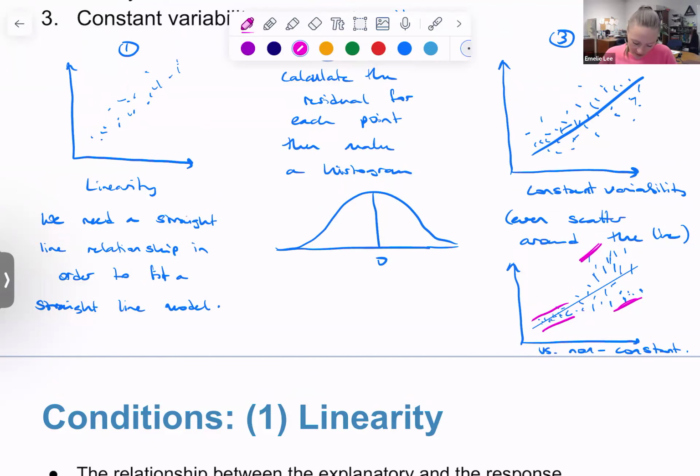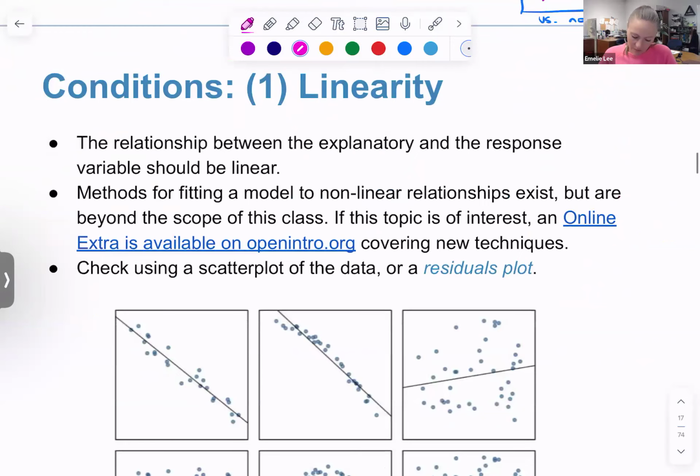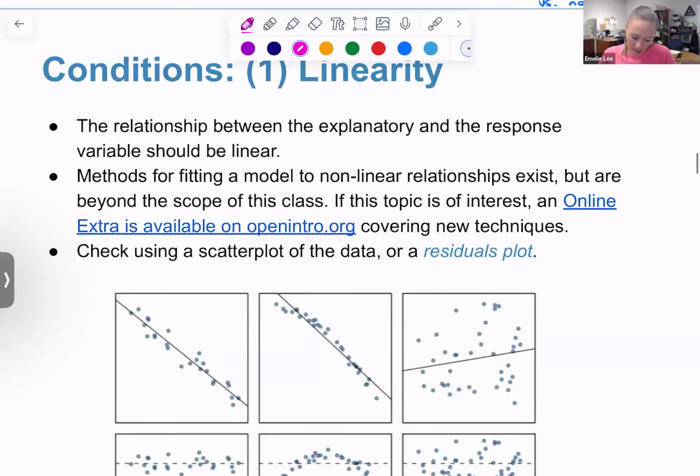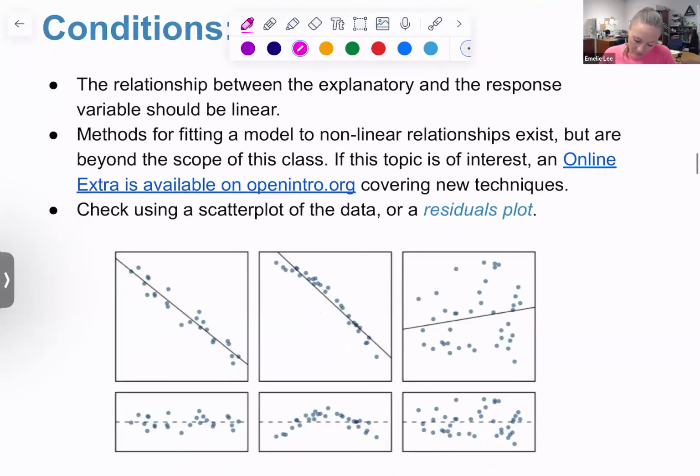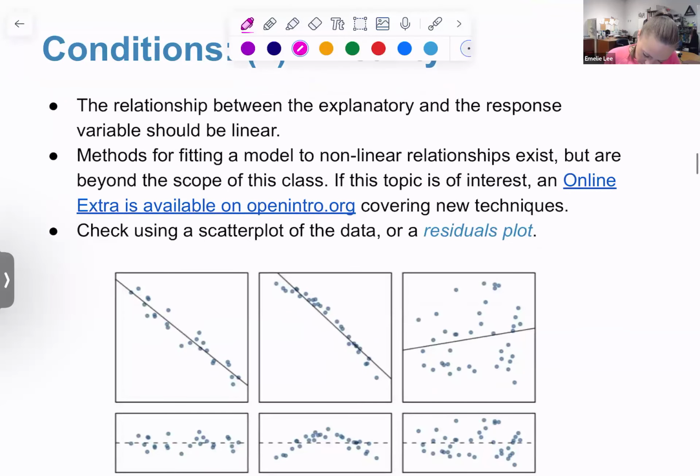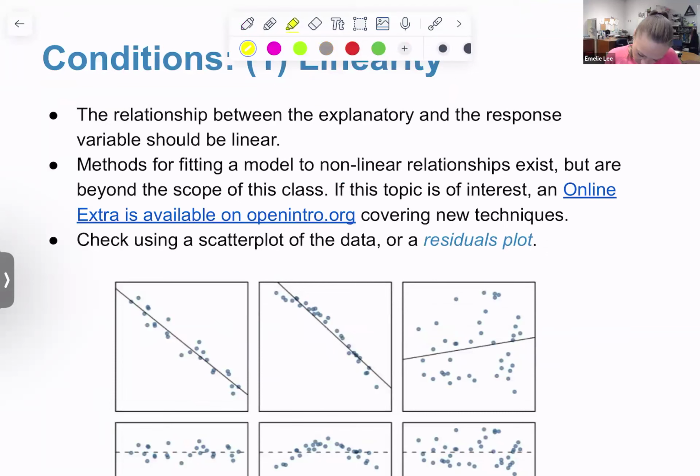And these next few slides just kind of talk about how do we assess these conditions? We assess them using a residual plot. And so usually what we do is we take the residuals.